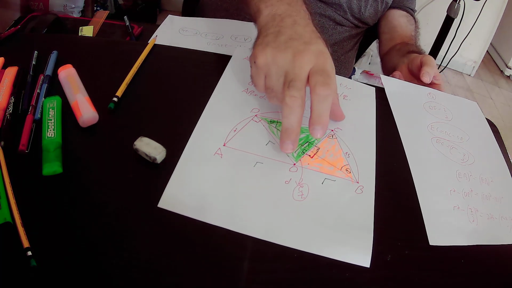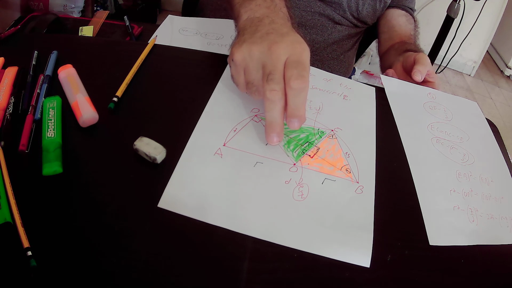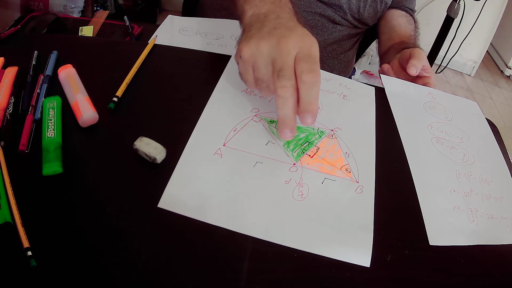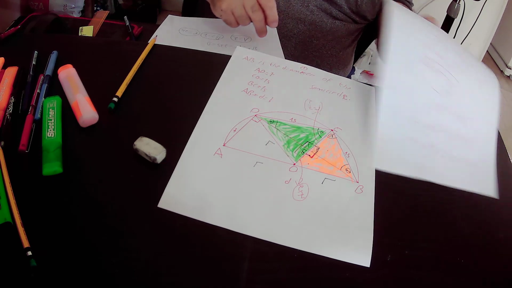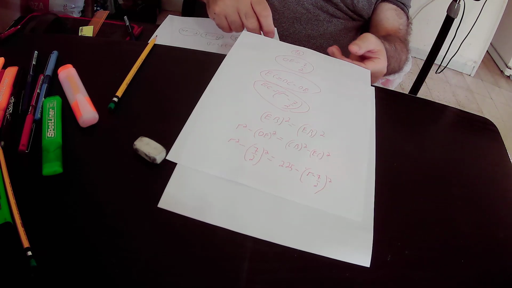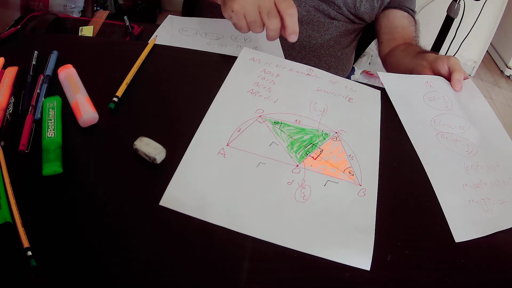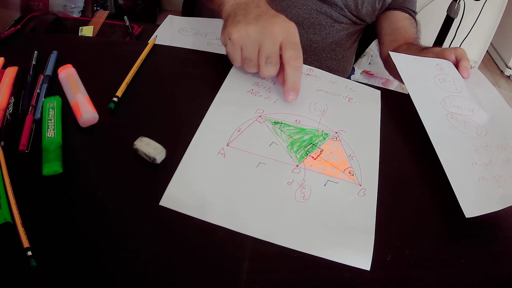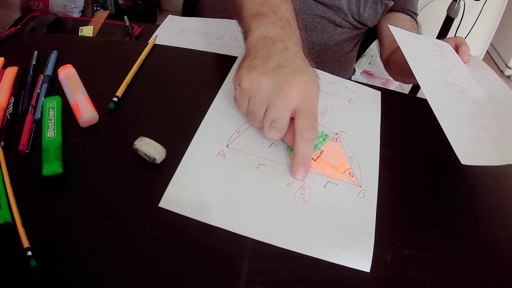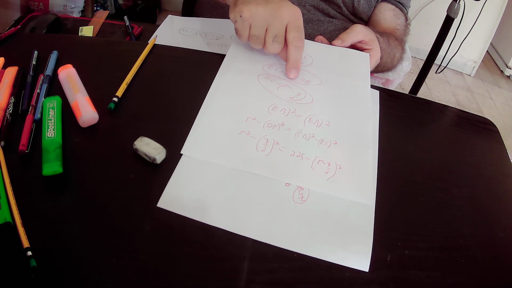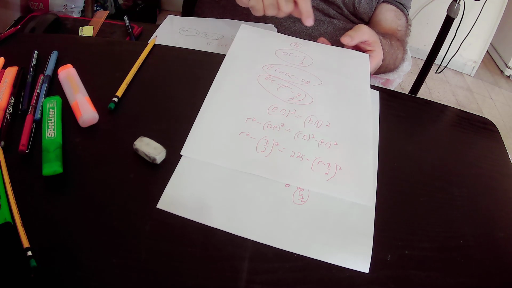EC equals OC minus OE. And OC is the radius of the circle, and OE equals 7 over 2 units. So in total, we got that EC equals R minus 7 over 2.